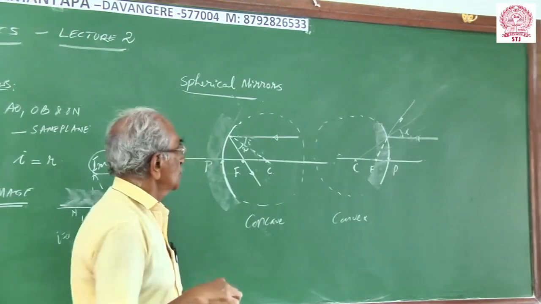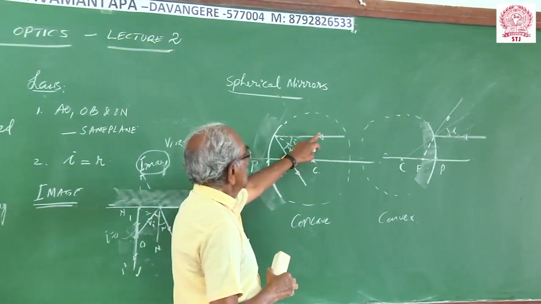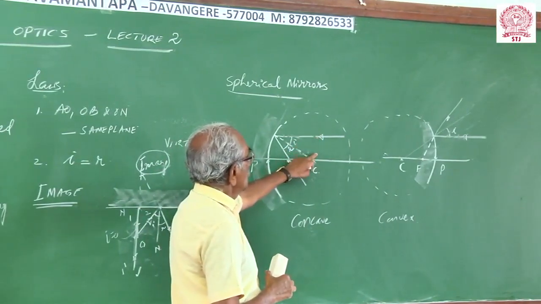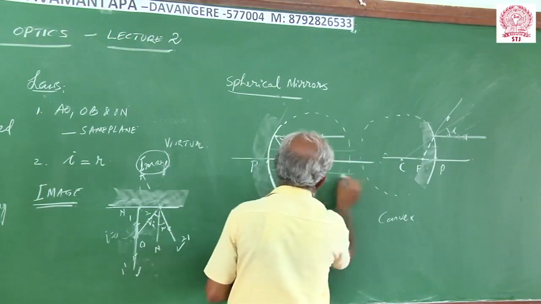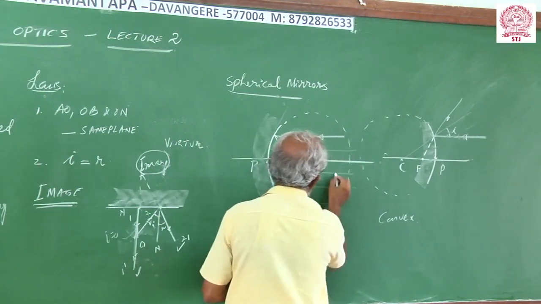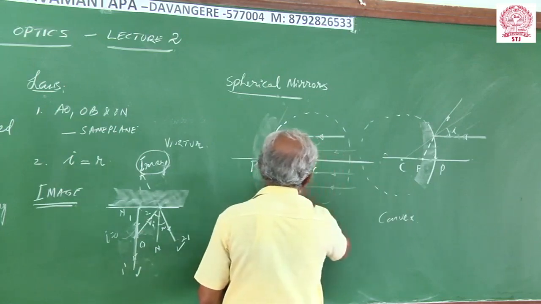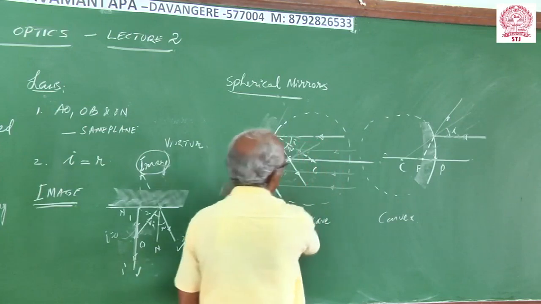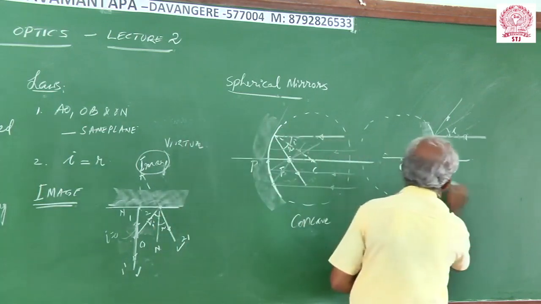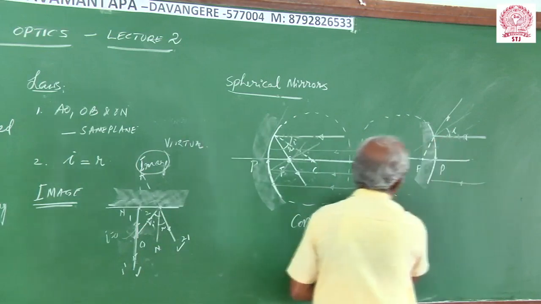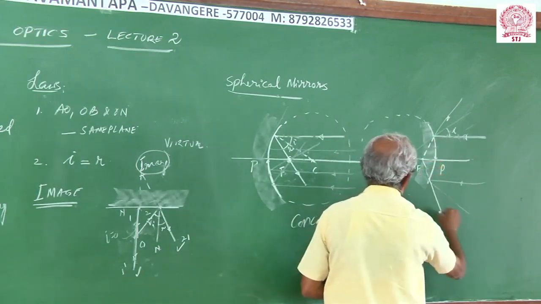What is to be observed is that it is not only this ray, all rays that are parallel to the axis, like this, like this, like this, go through this point. That point is the principal focus. The same thing is true here. This is the normal, so it goes back like this.